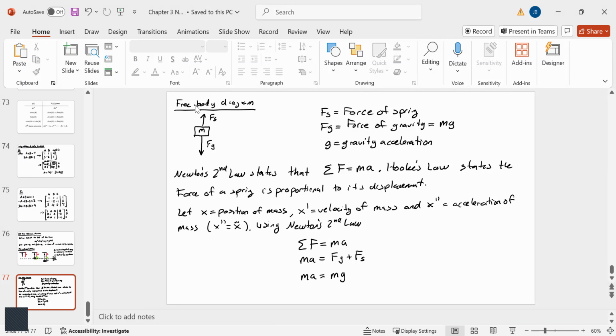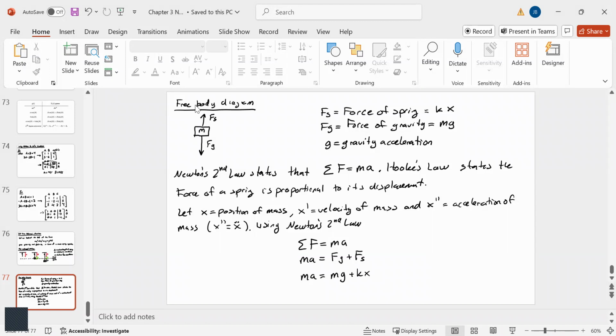Now, what defines the spring force? We said that Hooke's law states that the force of a spring is proportional to its displacement. So the force of the spring is equal to k, which is the spring constant, the proportionality constant, times its displacement x, or distance or position, really. So we're going to say plus kx.